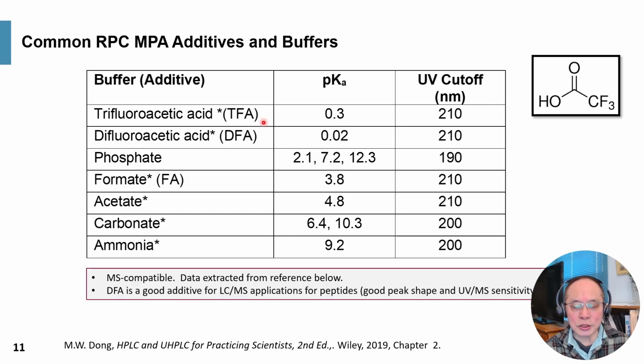So if one wants to do LC mass spec, the one that is actually preferred is DFA, difluoroacetic acid, which gives you both excellent peak shapes and also without too much ionic suppression. So it's actually even compatible with high resolution mass specs such as Orbitrap or TOF, right? But we would never put TFA into an Orbitrap or TOF.